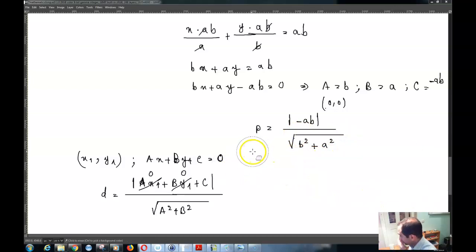Now if I square both sides of this equation, I'll get p squared is equal to negative ab whole squared over a squared plus b squared.